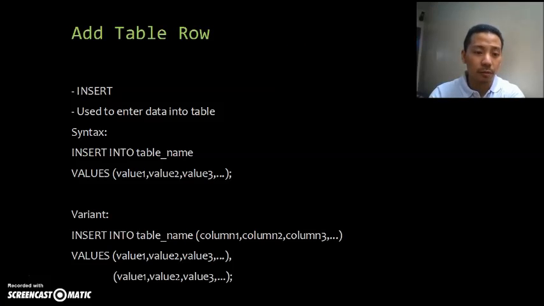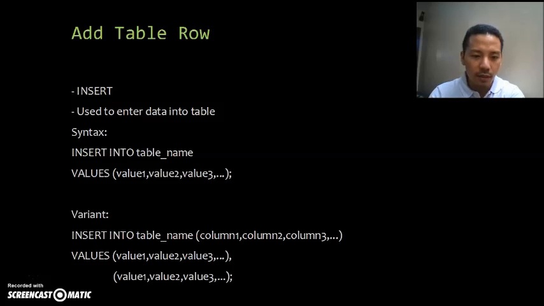To insert a table row, we simply use the syntax insert into table name, values, and the values for the columns to populate. In the variant below, we can see that there are two sets of values. This means that there are two sets of rows being inserted into the table.